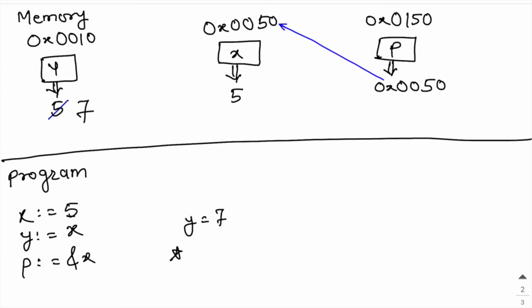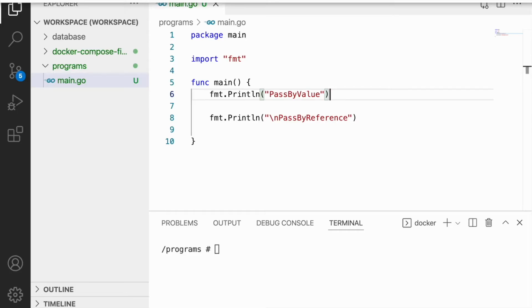So when we say dereference p equal to 10, it will not update the value of the pointer but it will update the value of x. So in this case we have only one copy of the value. Okay, let's write a program for it so that we understand it clearly.